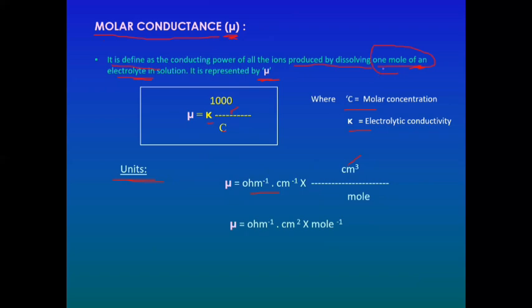Concentration here is in terms of moles, 1 mole, so we write mole. One centimeter is cancelled. So what remains? Ohm inverse centimeter square, and taking the mole upside, mole inverse. So these are the units for the molar conductance. Finally, these are the important definitions.